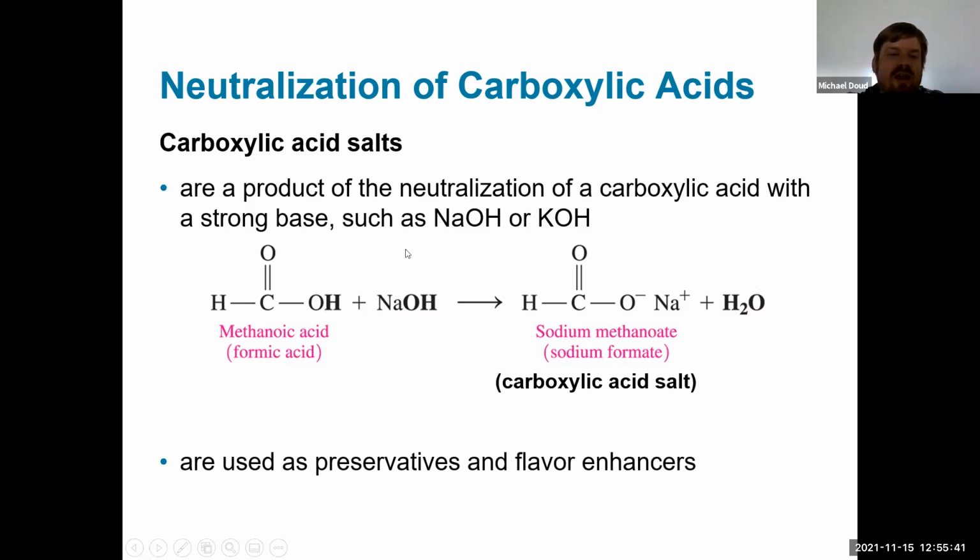And that leaves us with a cation, sodium, and an anion, which is the carboxylate ion, in this case, methanoate or formate. These are often used as flavor enhancers and also as preservatives because they basically keep the pH high and that can reduce the amount of bacteria that can grow.